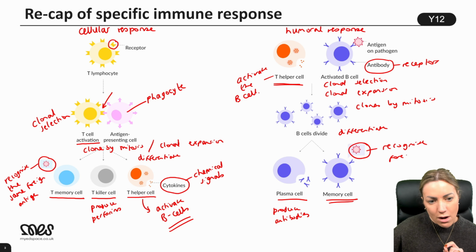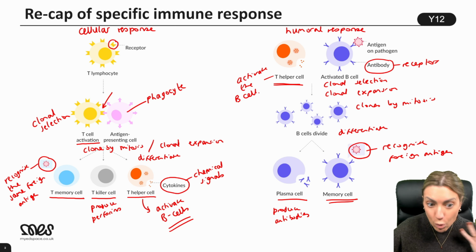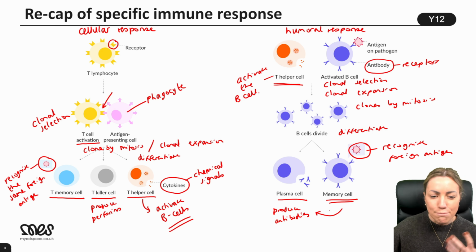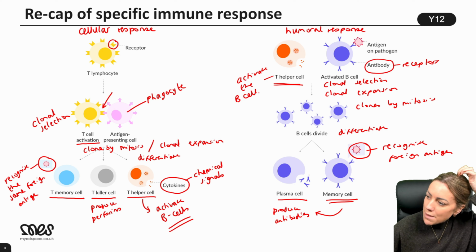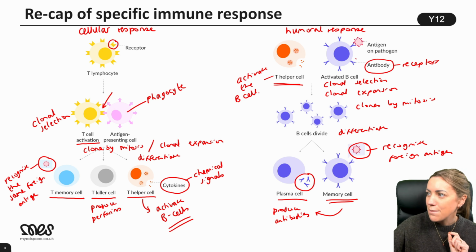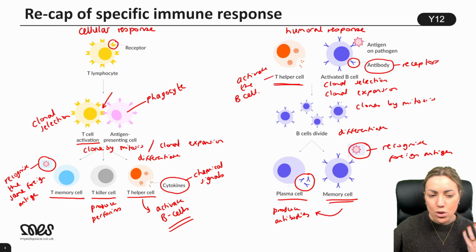So if you are infected with the same pathogen, with the same foreign antigen on its surface, those memory cells will remain in circulation, be able to recognize that foreign antigen and quickly clone and differentiate to produce more plasma cells, which will produce more antibodies. And remember, the antibodies that this plasma cell can make are going to be the same as the receptors or antibodies on the surface of this original B lymphocyte, so they will be complementary to that antigen.